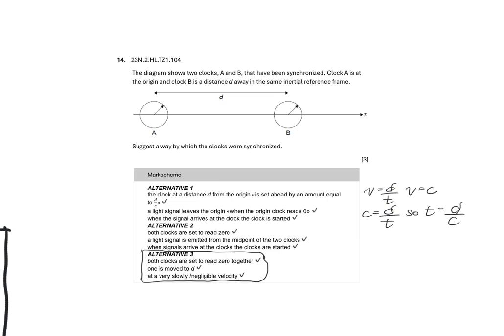So following that, speed of light is d over t, so t is d over c, and if you set one of the clocks ahead by that amount of time, and then shine a light beam from one clock to the other, that accounts for that travel time, and then they're at the same time. I think that's the most complicated, but also the most creative of the solutions, but any one of those would be fine.